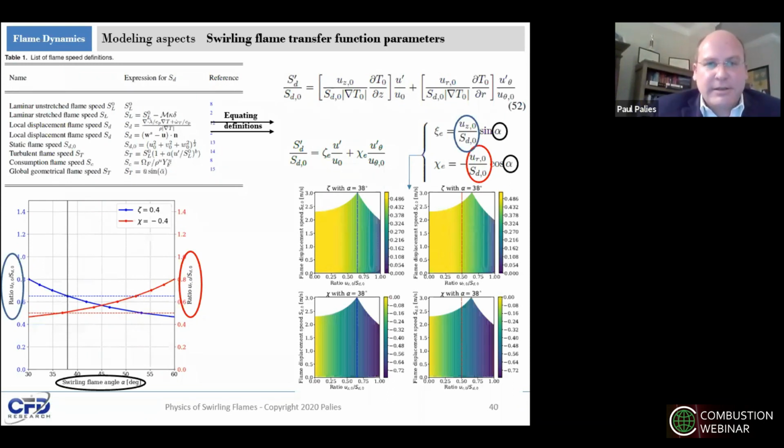And by doing this equalization, you get this expression here, and that leads to the analytical expression of the ratio of κ and ξ. And this is going to be submitted to a conference soon. This shows that the experimental values closely match this theoretically derived expression.